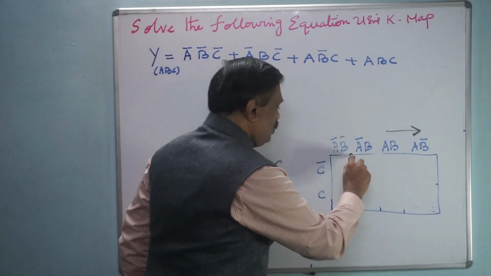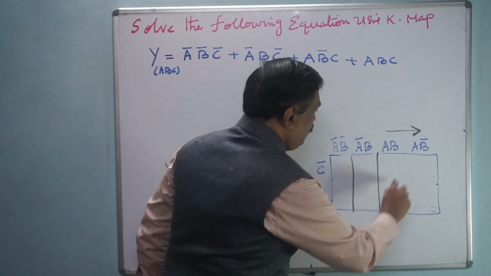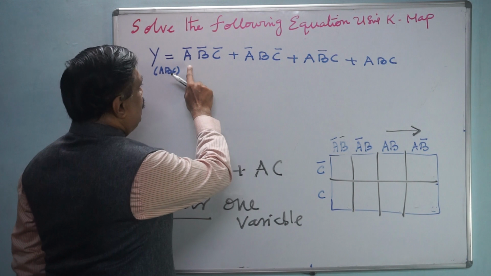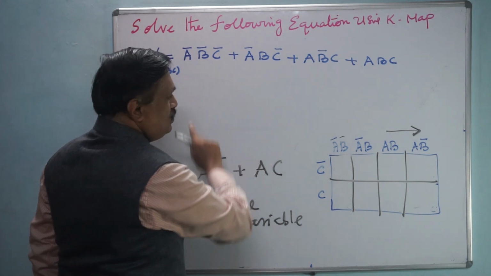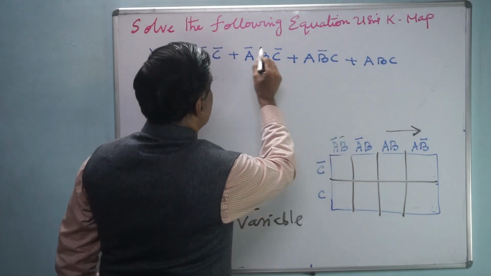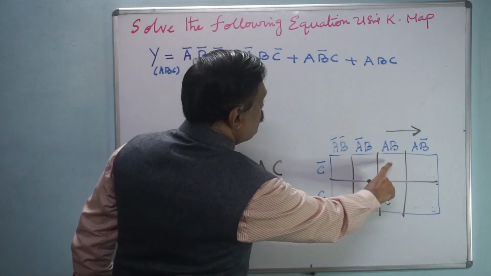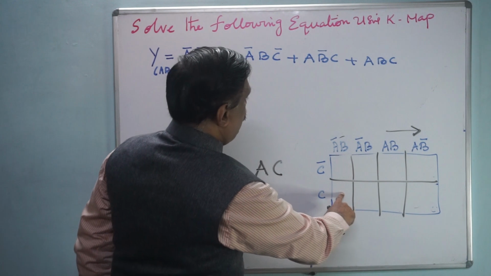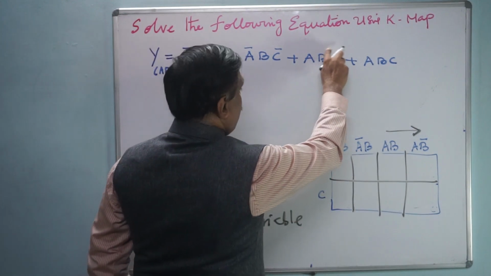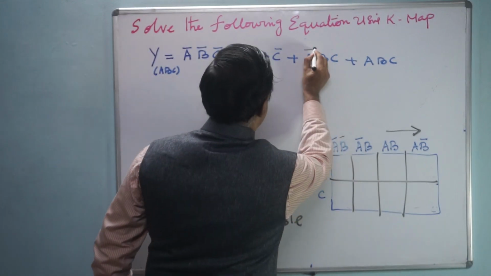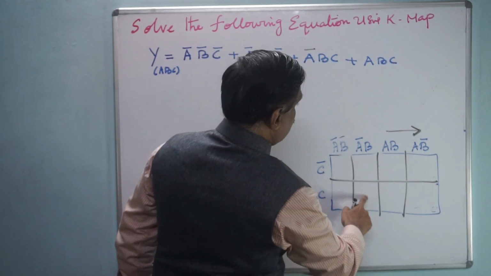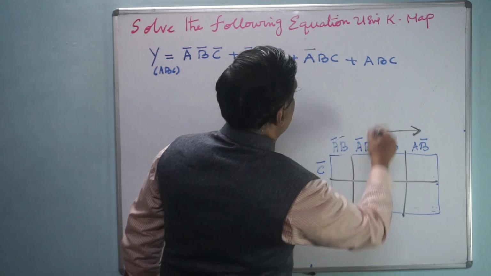How to reduce this, and they will ask you to design the circuit also. Now I will use A bar, B bar, C bar, and this also, and this. That means A bar B C, A bar B, A bar B C. I am going to use this cell and this cell.